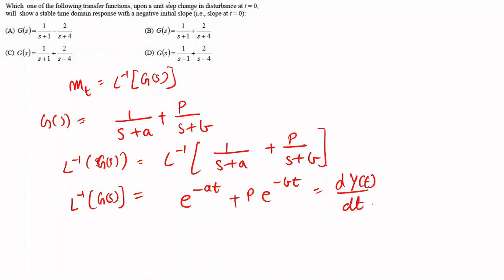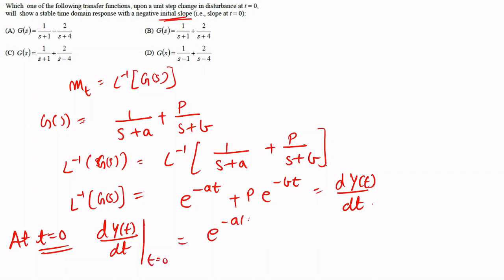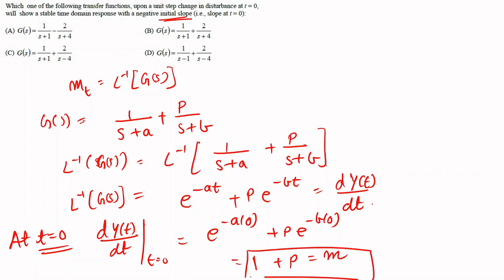Now we have to find the initial slope, that is at time t equal to 0. We can find the derivative as e raised to minus a into 0 plus p e raised to minus b into 0. So this will be equal to e raised to 0, that is 1, plus p into 1. So the slope we found out to be 1 plus p.